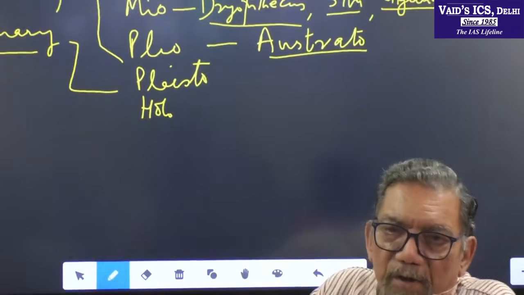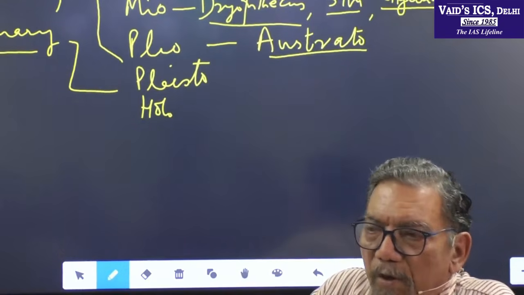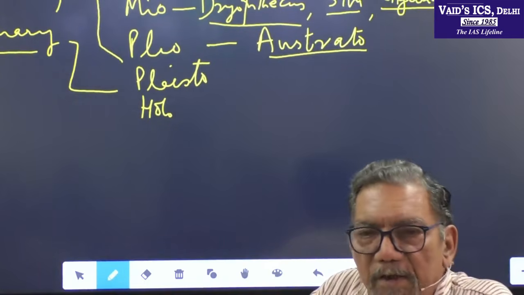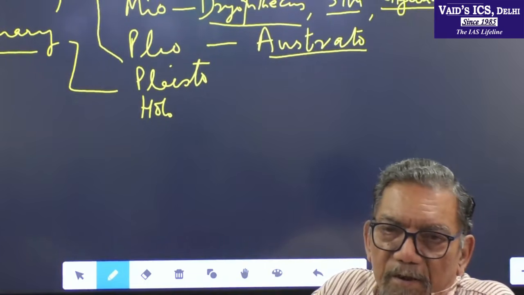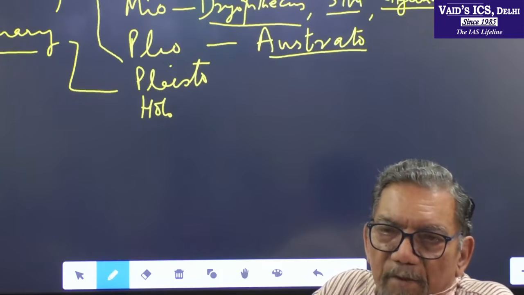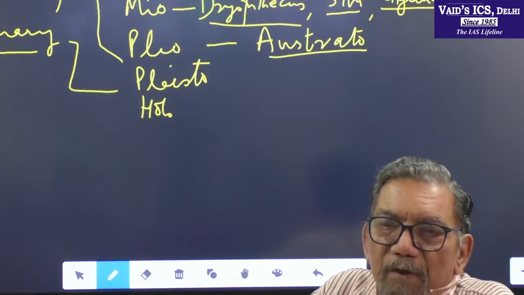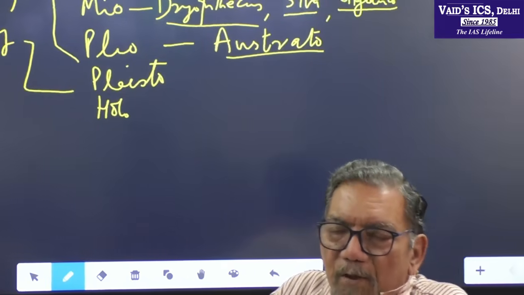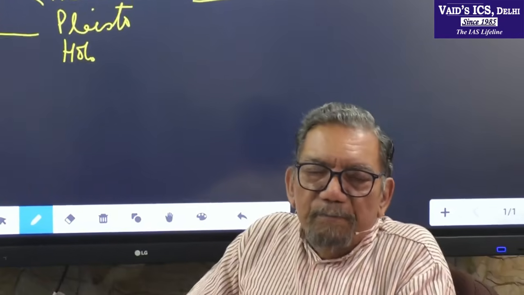Australo means southern, in the south. Australia is in the south, that is why it is Australia. It's not that there is any relationship between Australopithecus and Australia. It was found in South Africa. Full name is Australopithecus africanus, that we will talk about. Australopithecus means ape of the south.